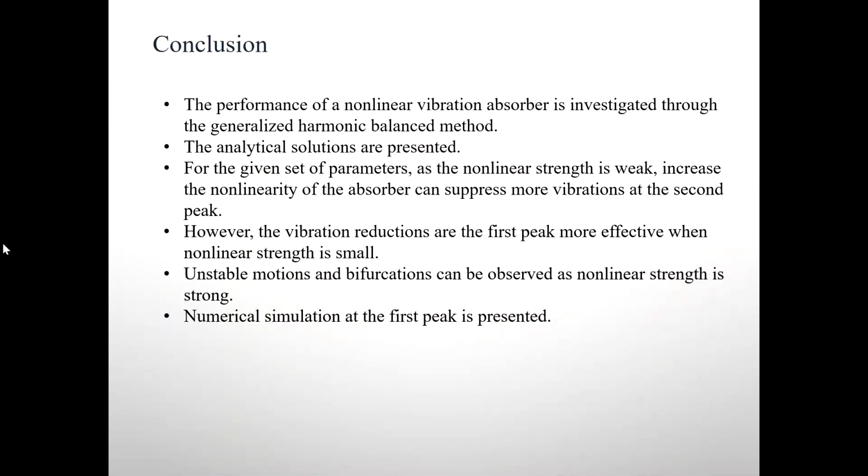However, the vibration observer becomes less effective around the first resonance peak. Unstable motions and bifurcations are observed as the nonlinearity strength is increased. Finally, the numerical simulation around the first resonance peak is presented. Thank you.